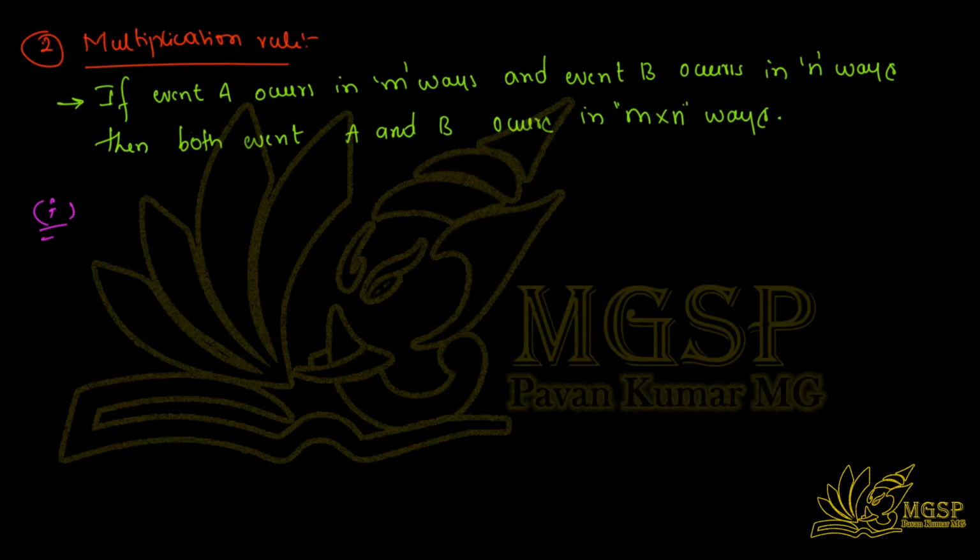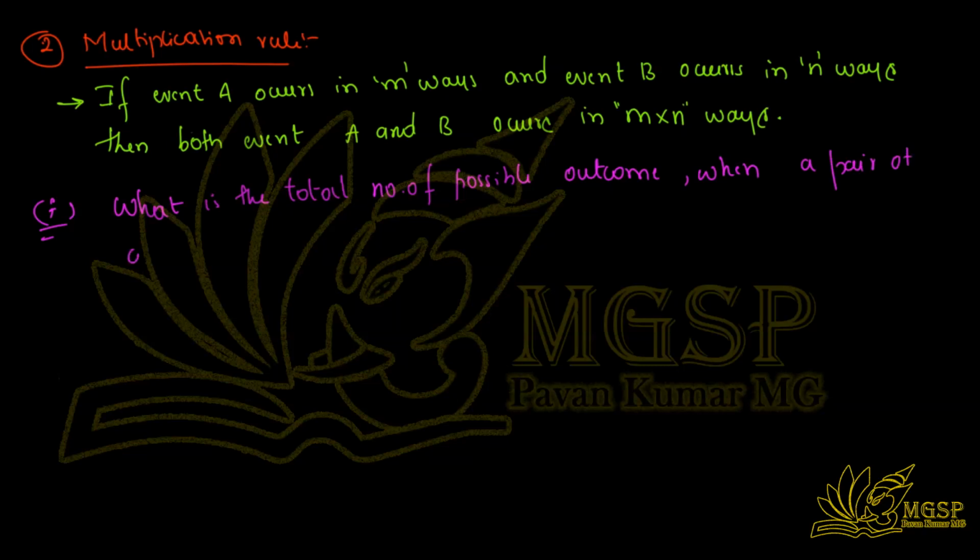What is the total number of possible outcomes when a pair of coins is tossed?